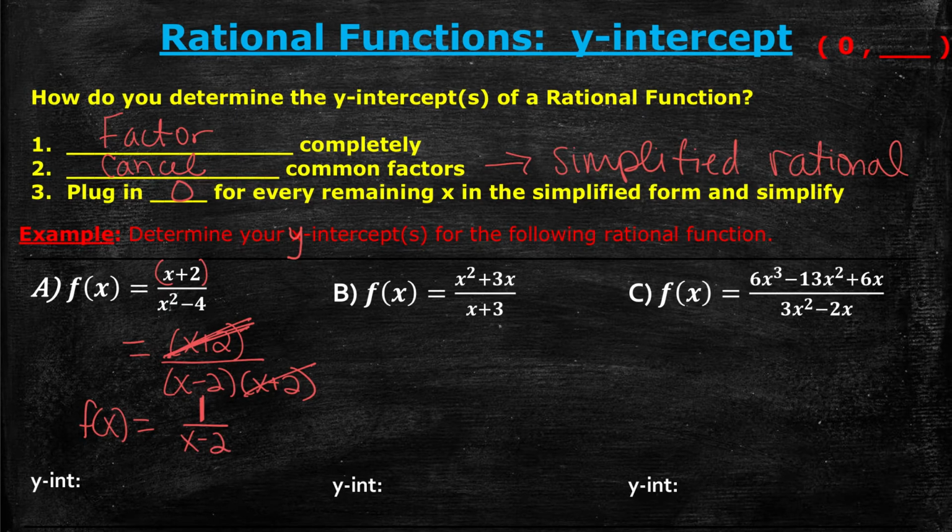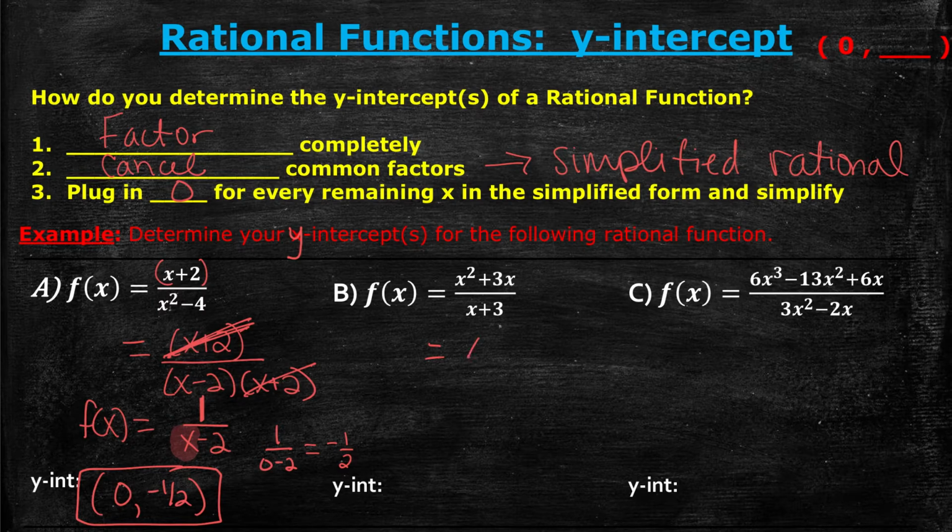Now to find your y-intercept, you want to plug in a 0 everywhere you see x, okay? So that would be 1 over 0 minus 2, which would be 1 over negative 2, which is a negative 1/2. So our y-intercept would be 0, negative 1/2. All right, let's look at this next one. To factor everything, factor your numerator.